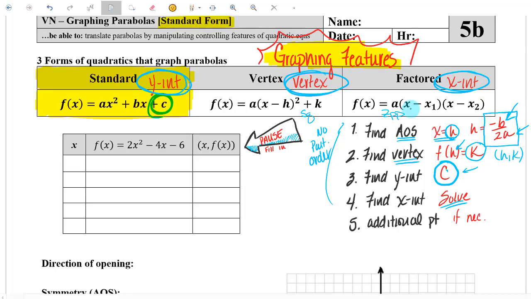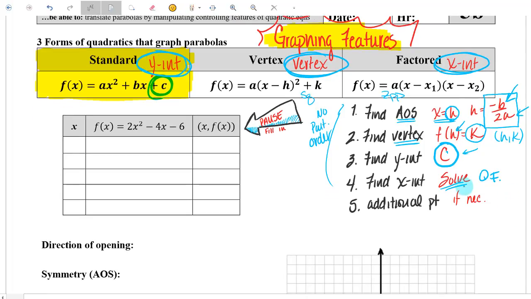If it's factorable, factor it. It's not in square root form, so you won't be able to square root, but you may need to employ the quadratic formula, because remember, many of these quadratics are not factorable. So it might be easy enough to go right through the quadratic formula. And then hopefully we've got all of our points, but if we need an additional one to make those nice 5 points, because that's always what we're looking for, then we may need to employ another point by evaluating a different x value.